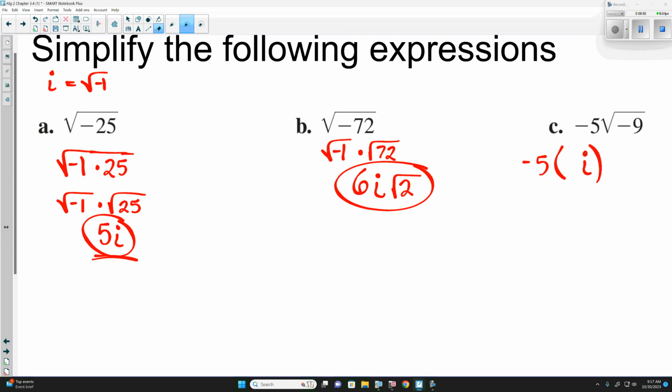Now what's the square root of 9? 3. So the square root of -9 is 3i. We can multiply those two together. -5 times 3, -15. And that's it. Questions on this here?